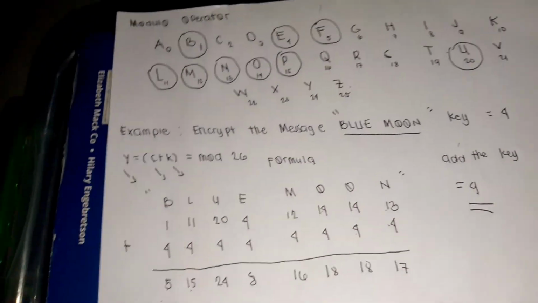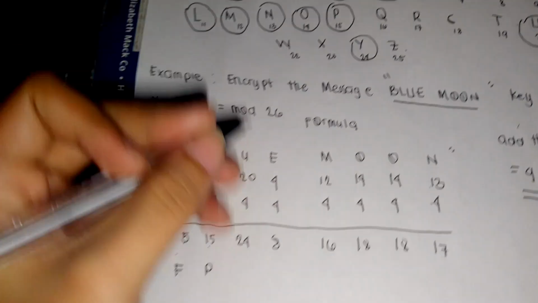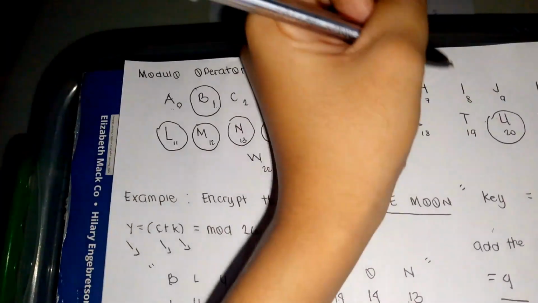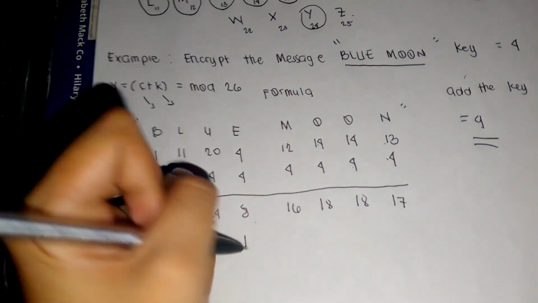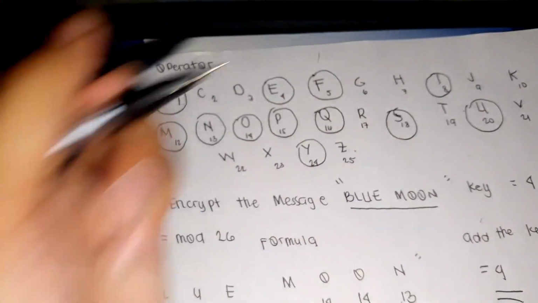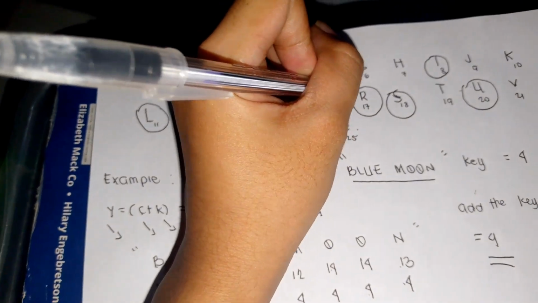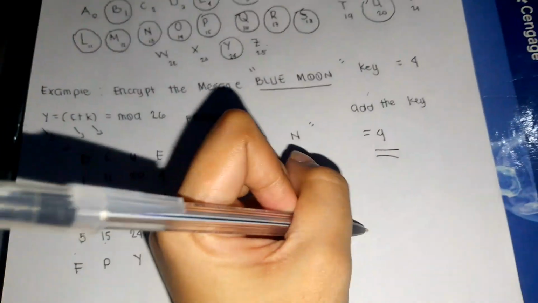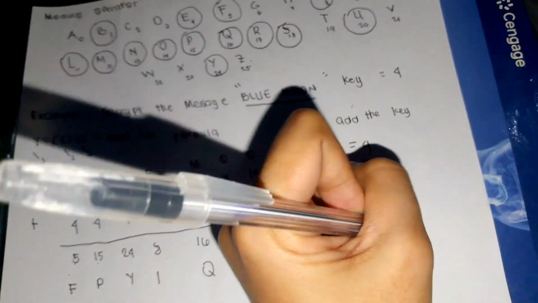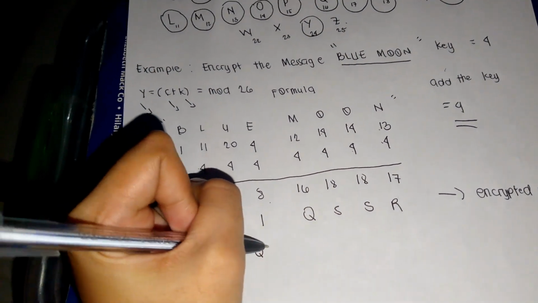I hope nakakasunod pa. 24, right here. 24 is Y. 8 is I. 16, we got Q. 18, we got S. 17 is R. Now, this is our encrypted text, the encrypted text of the word blue moon: F, P, Y, I, Q, S, S, R.